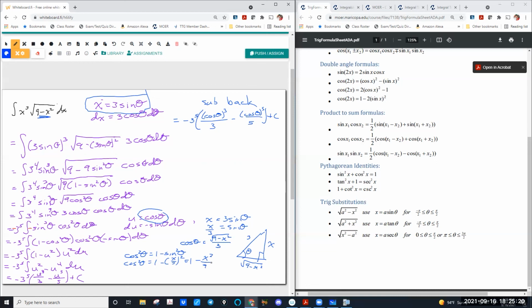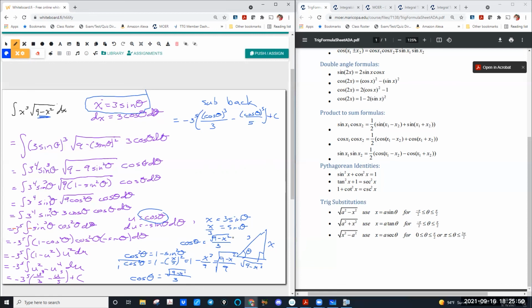Finding a common denominator would give us 9 minus x squared over 9. And then taking the square root of both sides is what gives us cosine of theta equals square root of 9 minus x squared, and then the square root of 9 is 3. You got user preference on that. Whatever you think is easier, you'll see in my videos I like using the right triangle.